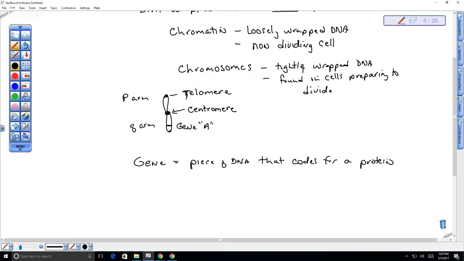That's just one of the many genes. You could have thousands, tens of thousands of genes located along a chromosome.